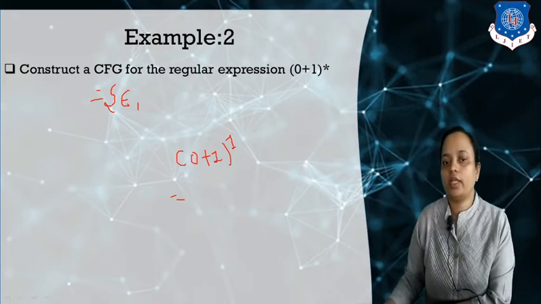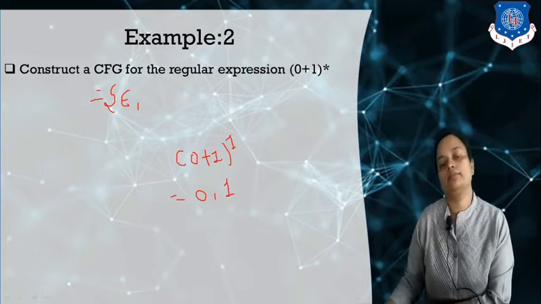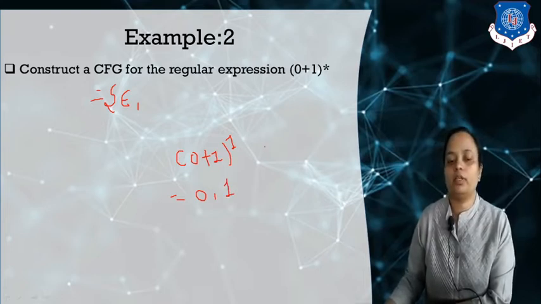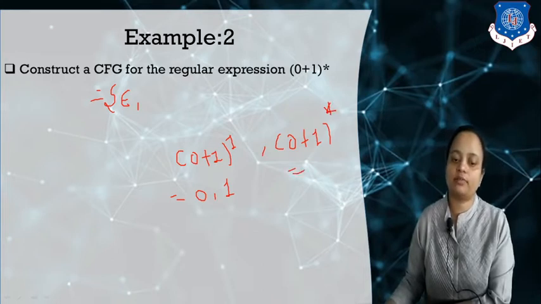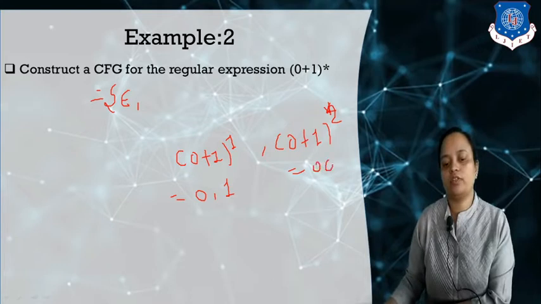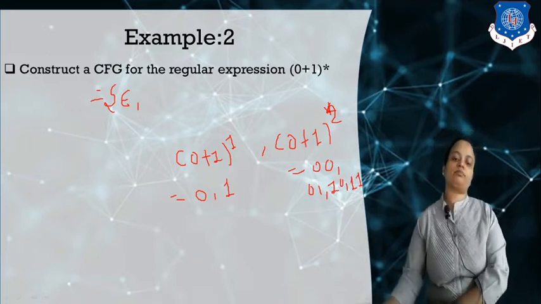So either you can pick the 0 or 1. If star is repeated 2 times, always remember this is a universal set which contains any number of 0 and 1's combination. If it is repeated 2 times, 00, 01, 10 and 11 can be generated, because its length is 2, so it always contains 2 length symbols.